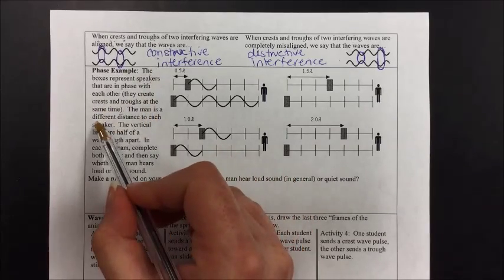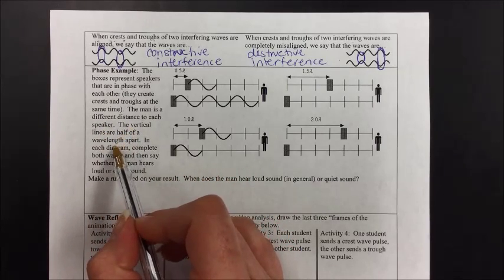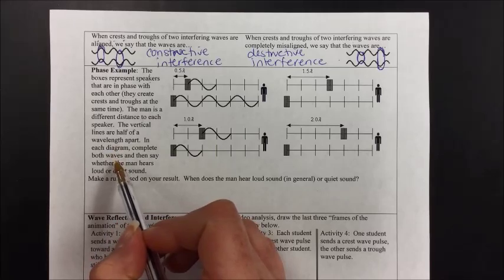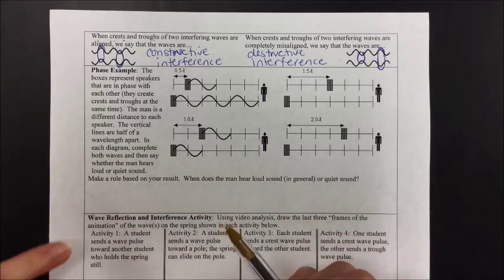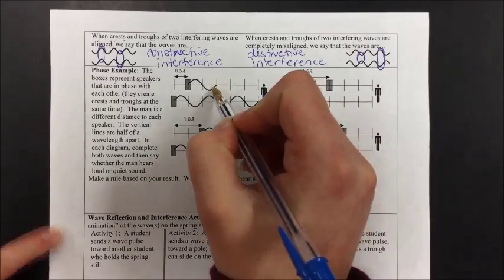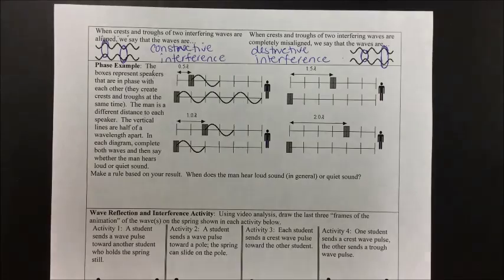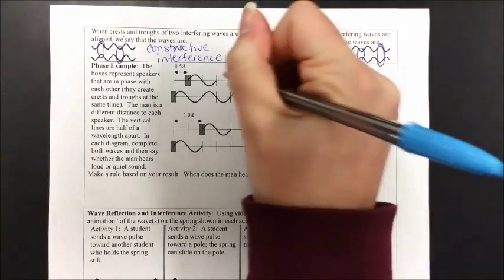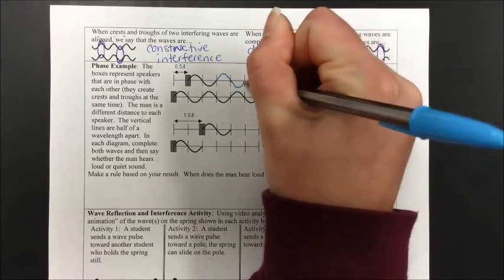The man is a different distance to each speaker. The vertical lines are half of a wavelength apart. In each diagram, complete both waves and then say whether the man hears loud or quiet sound. So if we continue this wave, okay, so each one is half a wavelength long, so that means it's going to be like the little hill, then the valley, and then the hill.